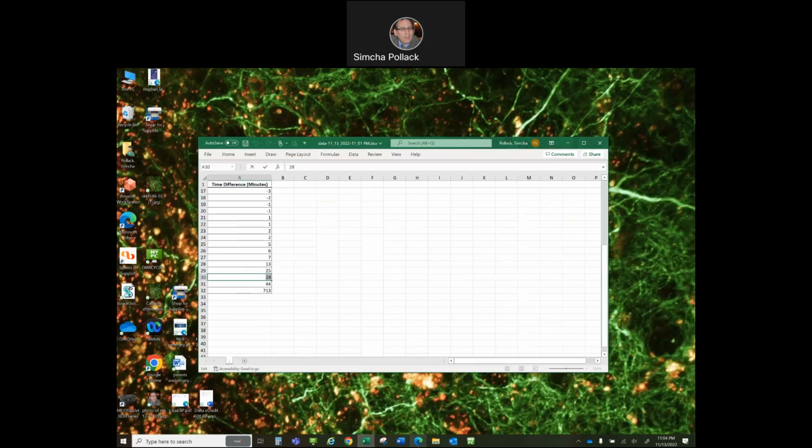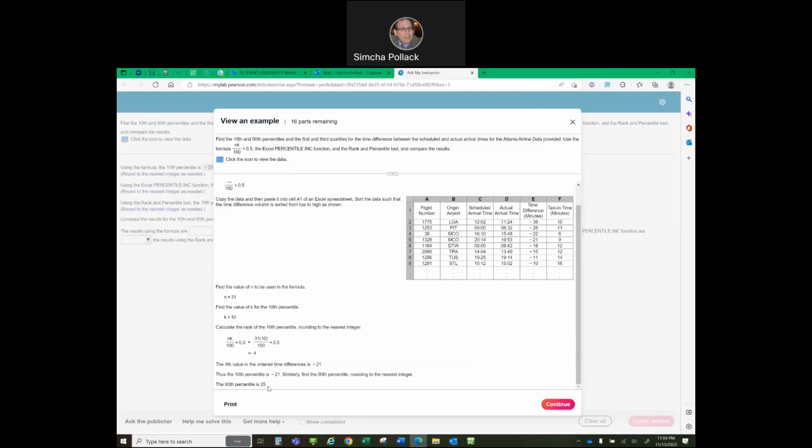Let's see what the book gave us. The 90th percentile is 25. I've got to go back to the drawing board. What did I do wrong? 31 times 90, the 90th percentile, divided by 100 equals 27.9.